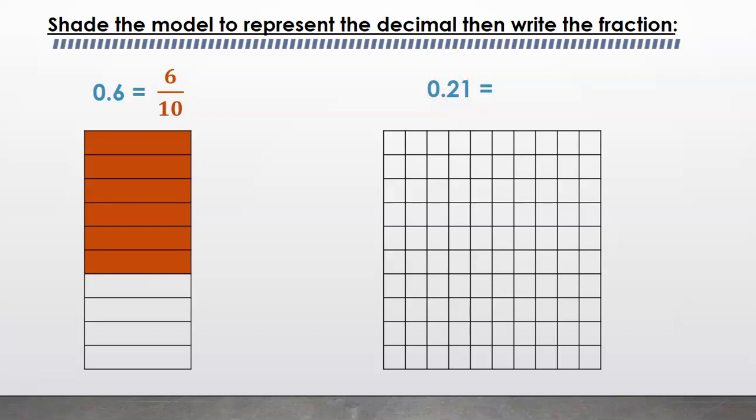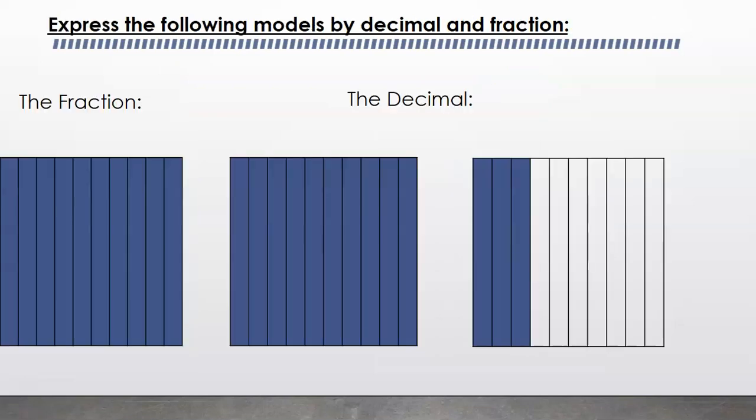Then I'll shade 21 squares. It's 2 rows of 10 and 1 square, right? Then it will be 21 over 100. Okay?